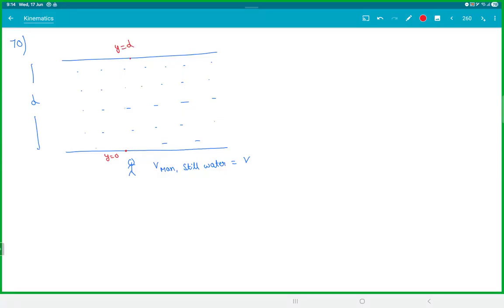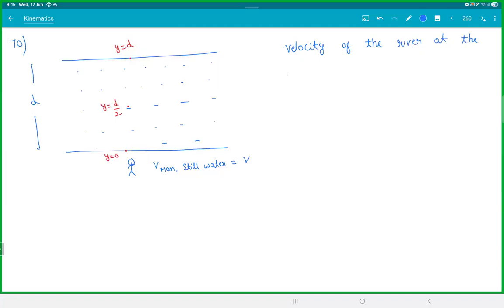So if you look at this river velocity, it is changing with y. It means the more you go into the river, the faster it is flowing. So the velocity of the river increases linearly till the center. Next time when you observe a river, observe that the edges of the river are at 0. At the center of the river, it is flowing fast.